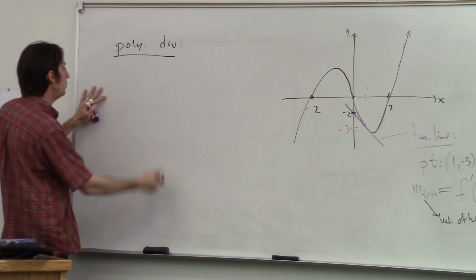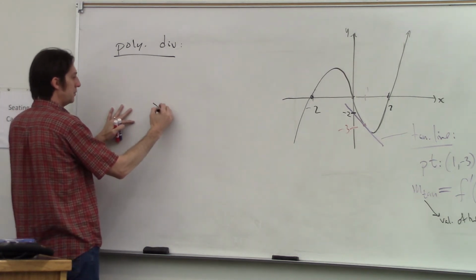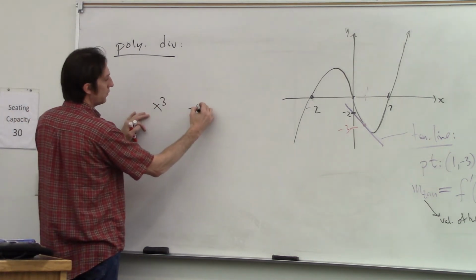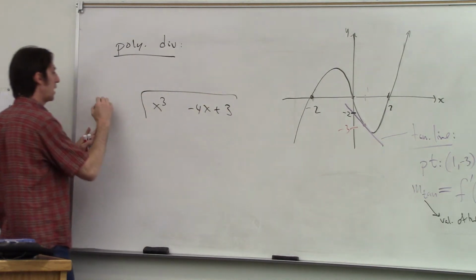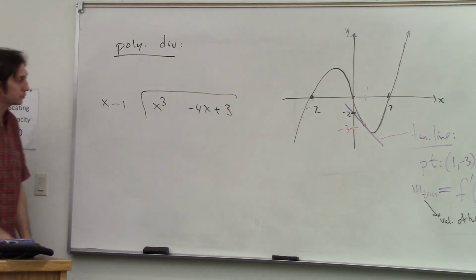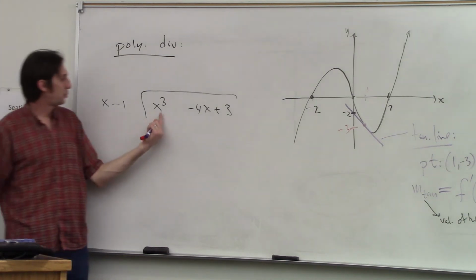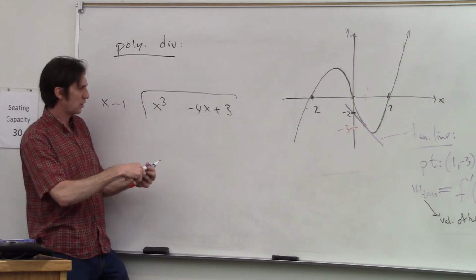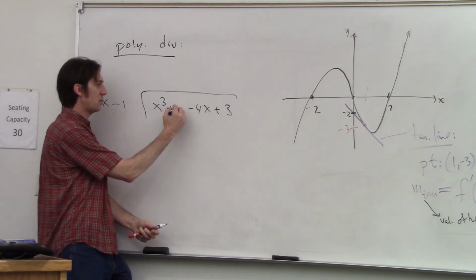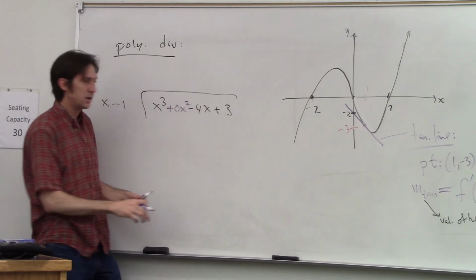What I'd like to do here is divide x cubed minus 4x plus 3 by x minus 1. I left some space between the x cubed and the minus 4x because for this algorithm, I pretend that I have a plus 0x squared in this polynomial.